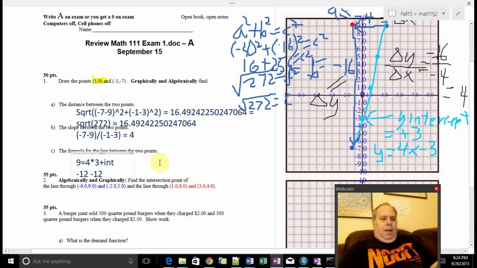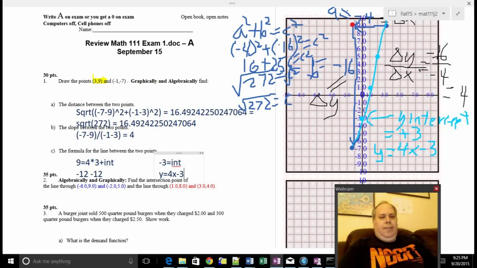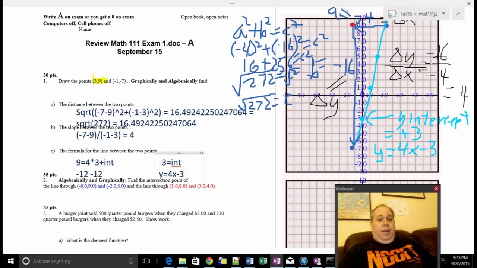And that's going to give us 9 minus 12 is negative 3, so negative 3 equals the intercept. So my formula becomes y equals 4x minus 3. And that is the answer to review exam question 1.